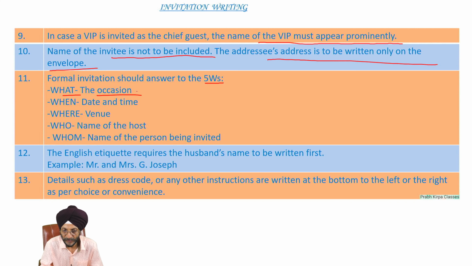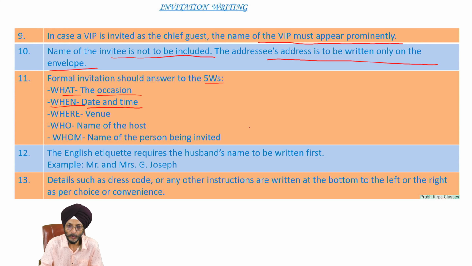Whether it is the marriage party, the birthday party, or the opening of a new shop, or a party being given on account of promotion, on account of passing of your child, or admission to a very prestigious institution. Next is when. That is date and time when the party or the function is to be held.